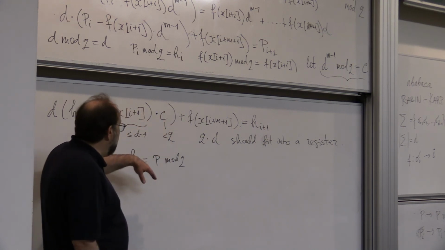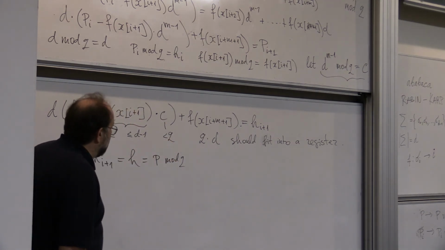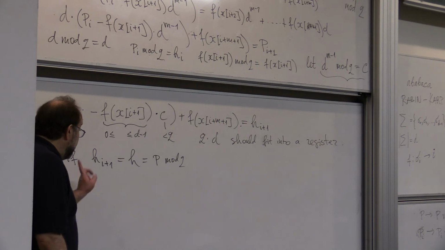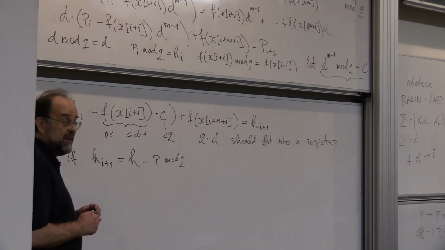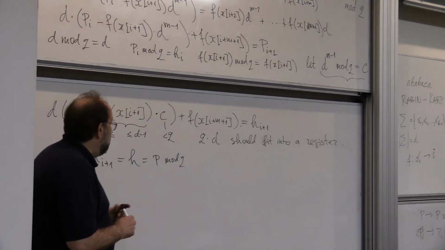The probability to have a collision would be just 1 over q, so very small. And then you do symbol by symbol checking, but only if the hash value matches.